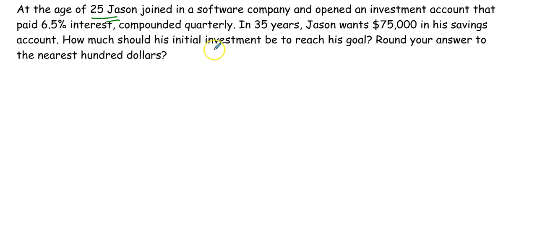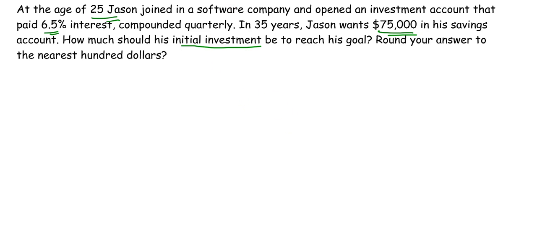How much does he have to deposit in a savings account which is paying him 6.5% interest? What is the goal of saving? $75,000 by the time he is 60 years old.